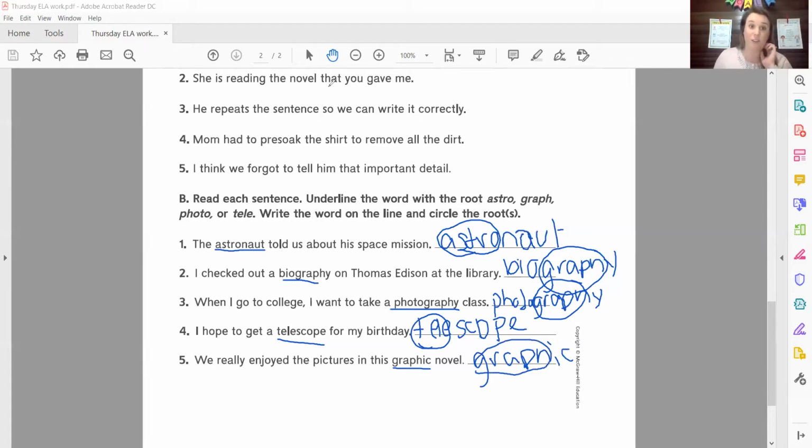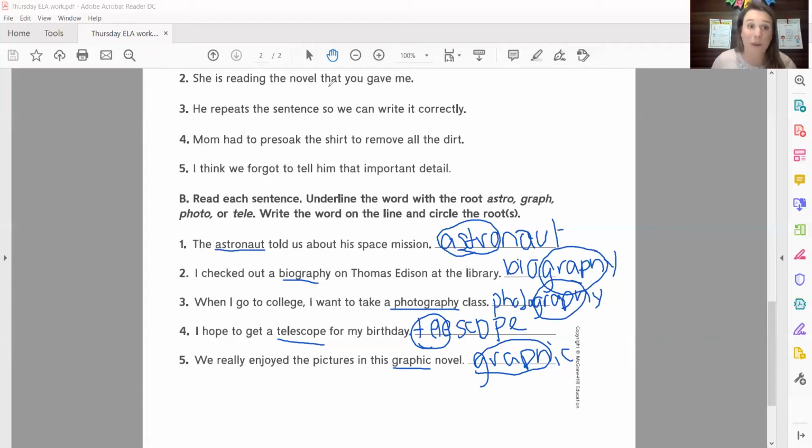All right, so this is very simple. It's not telling you that these are the root words in the English language. These are just Greek and Latin roots, and that's why we don't call them root words. They're roots, just like a tree, the roots go out and help you form the rest of the tree. So they're the Greek and Latin roots that help you know the rest of the word, what it means, because of the Greek and Latin meaning.